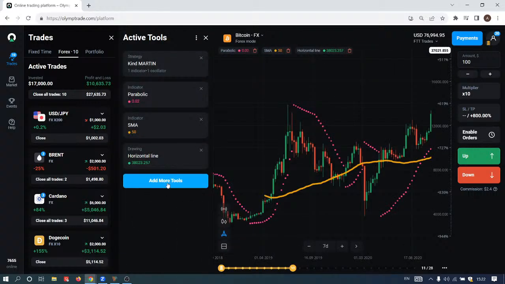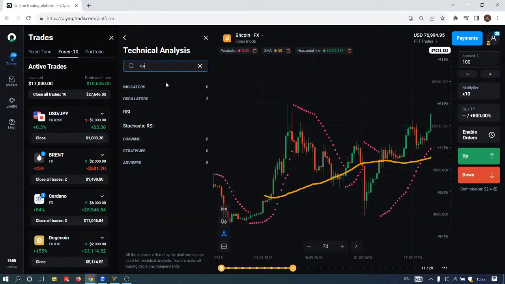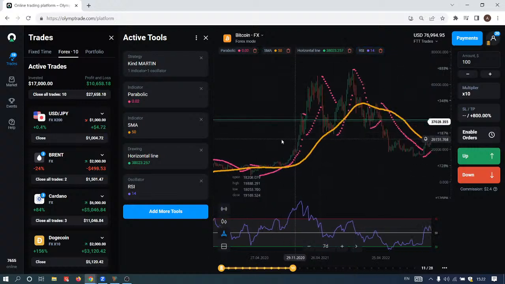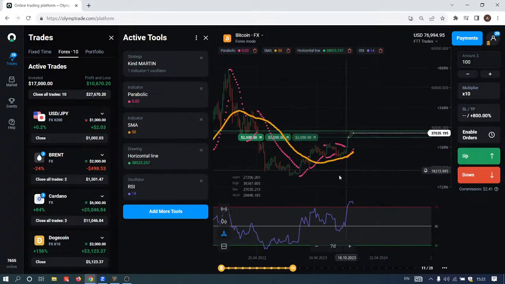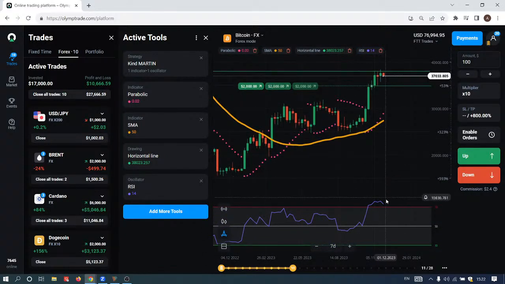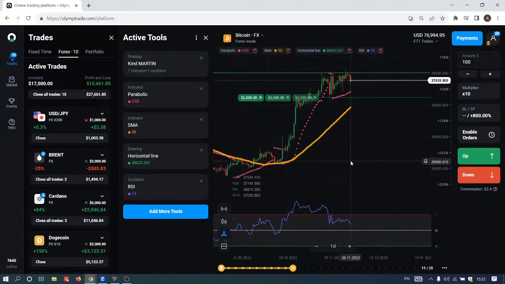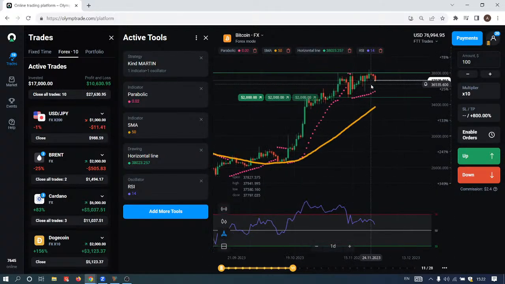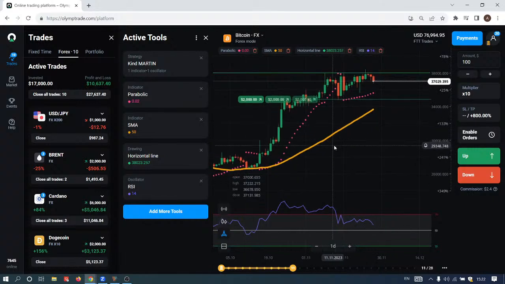And we can also apply the RSI indicator. What we're going to see is that we are overbought on the weekly time frame. So this kind of correction is kind of inevitable. But at the same time, we have this divergence.